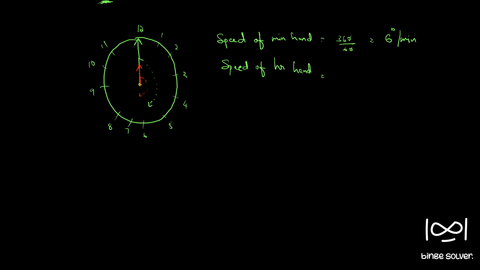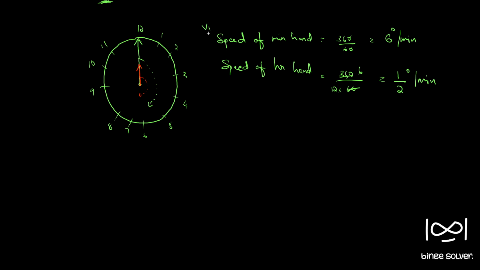When we calculate in minutes, instead of 60 minutes we have 12 hours, so 360 by 12 into 60, converting 12 hours into minutes. So this becomes 6 by 12, 1 by 2 degrees per minute. So this is the speed of the hour hand.